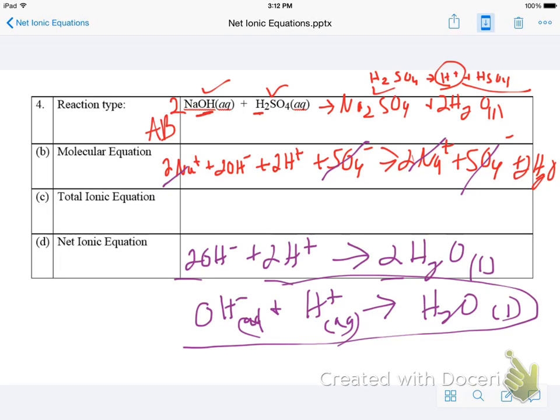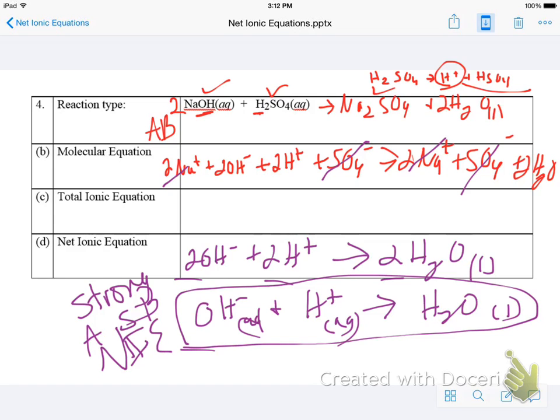This right here is the net ionic equation that it turns out works for all strong acid, strong base. It's the net ionic for every one of them. Every time I have a strong acid and a strong base, I get this net ionic. You don't have to memorize that because you can figure it out by writing it.